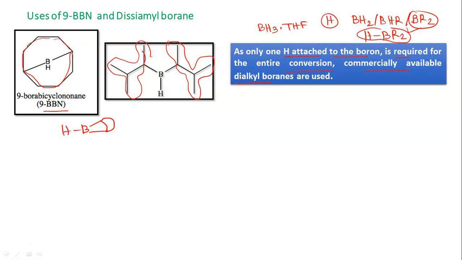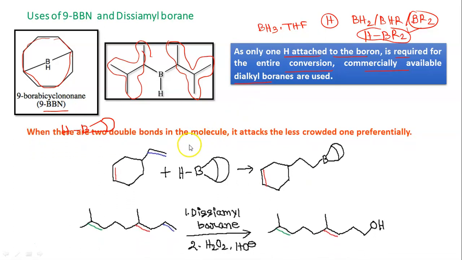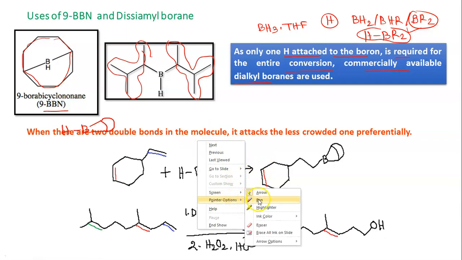In the addition of H and BH2, H is added to the carbon which is more substituted, and BH2 is added to the carbon containing the higher number of hydrogens, that is the less substituted one. But when you use sterically hindered dialkyl boranes, the selectivity is even more increased. Here we have two examples.